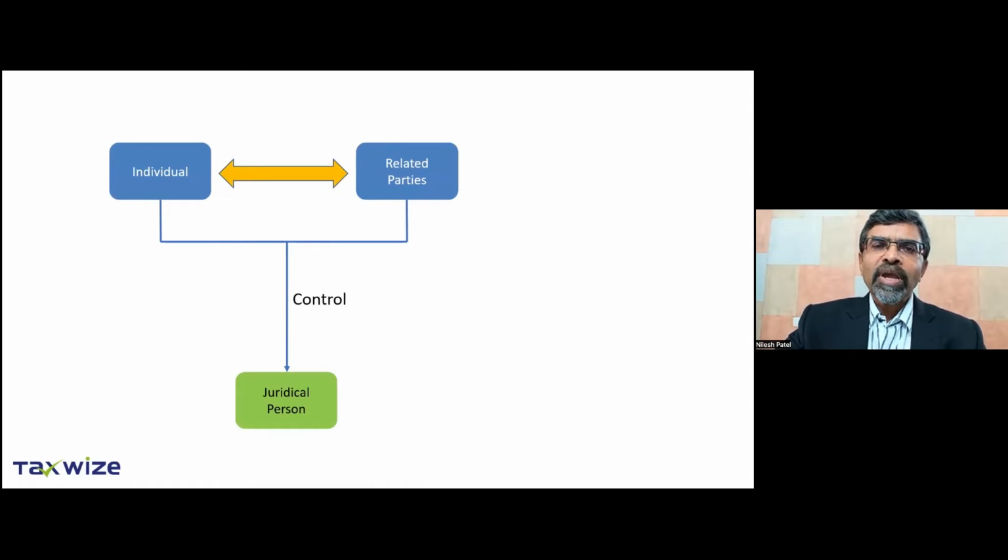In this case, the individual, along with her or his related parties together, control the juridical person indirectly through an intermediary.